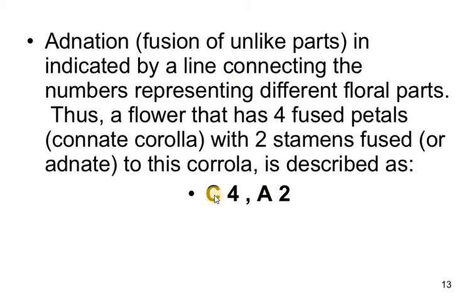For example, there is corolla 4 and androecium 4. They are fused. So over this C4 A4, we will put a small line, a bracket on the upper side, that indicates they are fused.